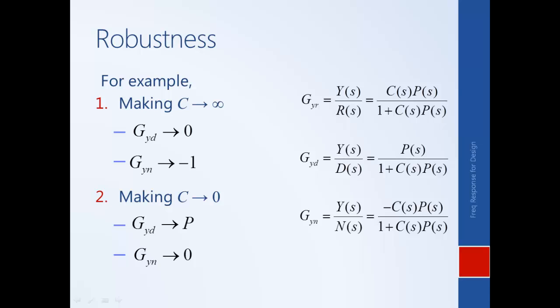By inspection, we can see that making the magnitude of the controller small is good for noise, but not good for the disturbance. And if we make the magnitude of the controller large, that's good for the disturbance, but it's bad for noise. And so the lesson is, we can't attenuate both noise and disturbances at the same time, or at least not necessarily. So what do we do?